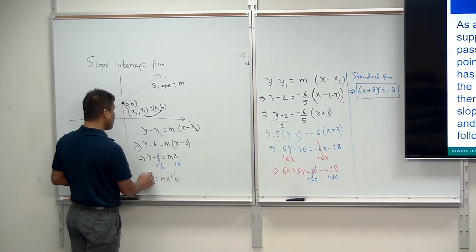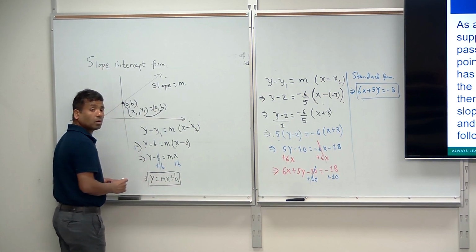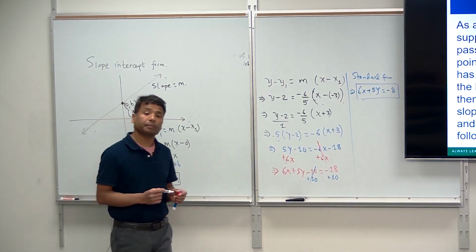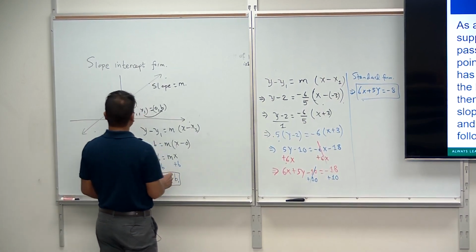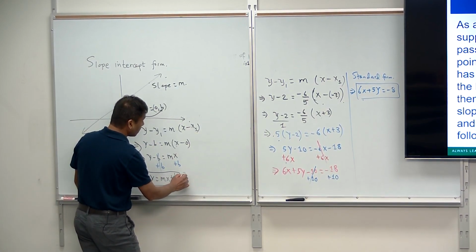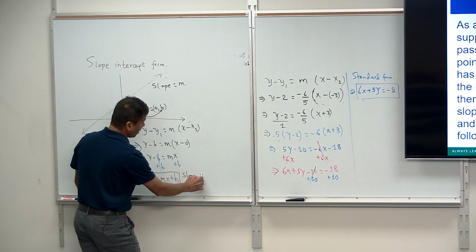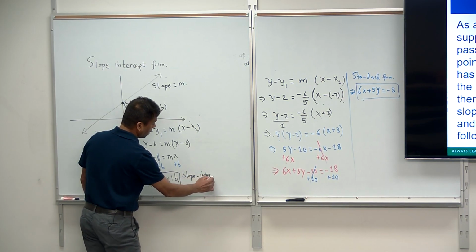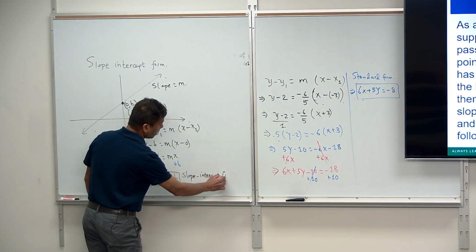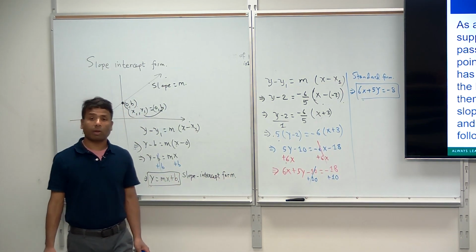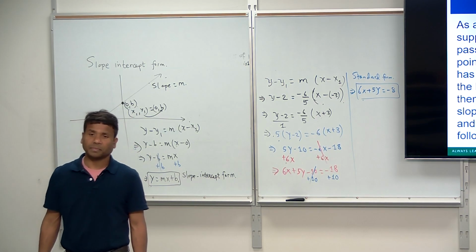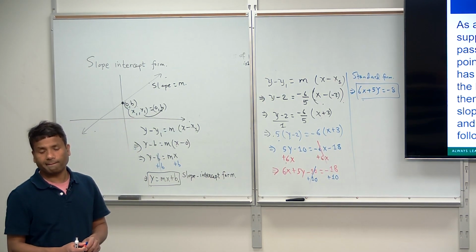So this is the equation of the line in slope-intercept form. Slope-intercept form, y equals mx plus b. Did you get it?